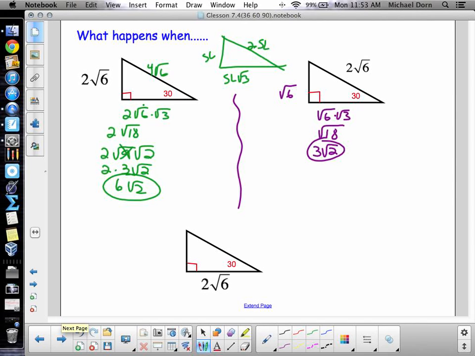This time the 2 root 6 is on the long leg. So again, we compare. The long leg is the short leg times the square root of 3. Leg times the square root of 3 equals 2 root 6. I have a little bit of algebra to do. What am I going to do to both sides? I'm going to solve that for L. Divide by root 3.